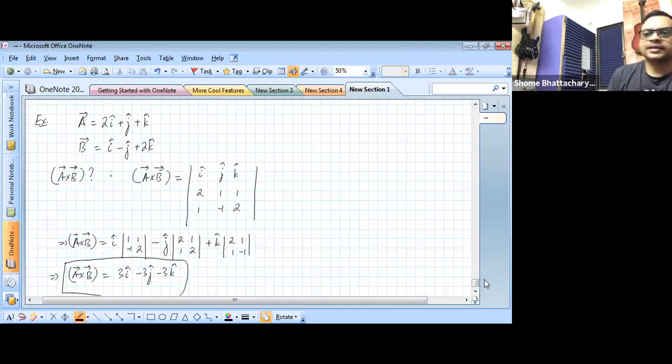No, but it will be minus 3 j cap because it is 2 into minus 1. This one is 2 into minus 1, minus of 1 into 1. So that's why it's minus.